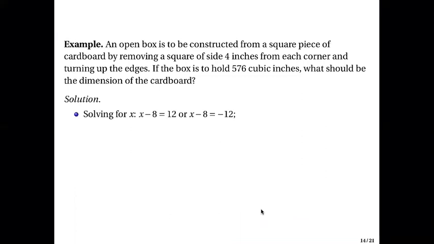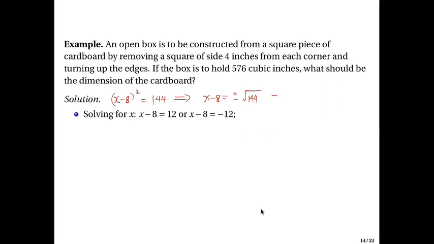So in here, again, what did we have in the previous slide? We had x minus 8 squared equal to 144. So this means your x minus 8 is equal to plus or minus the square root of 144.